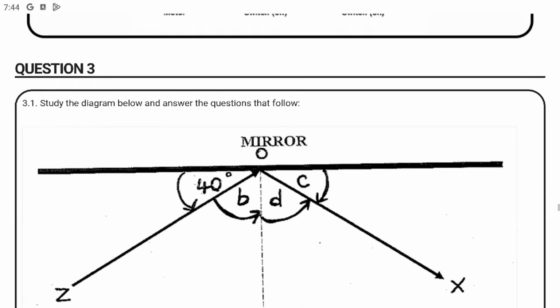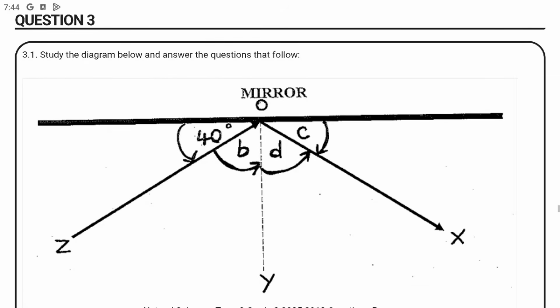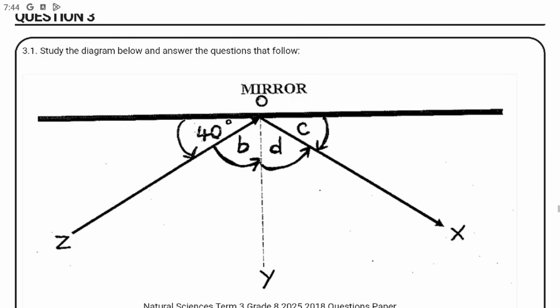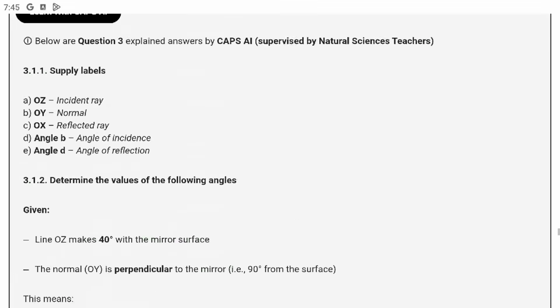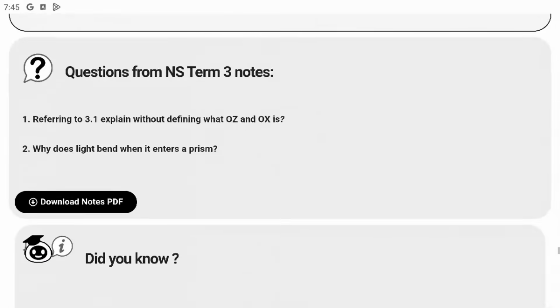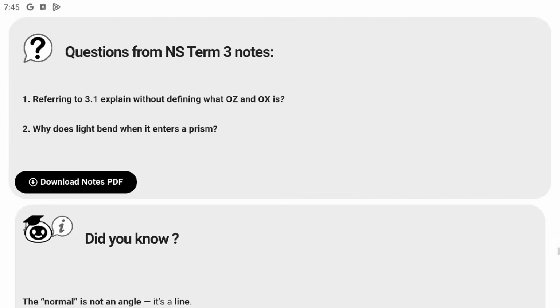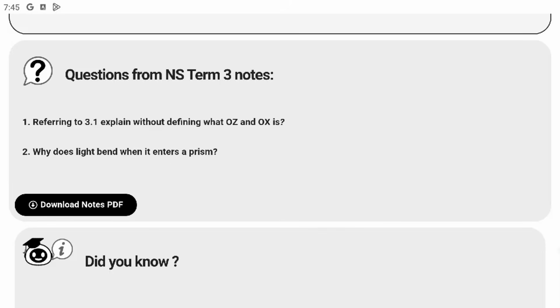Can you actually define these if you were asked that question in the exam? If you want to see the answer, it's there in the notes, so go and check it out so that you'll be able to answer if it were asked in the exam.